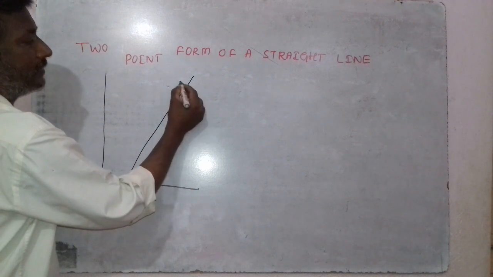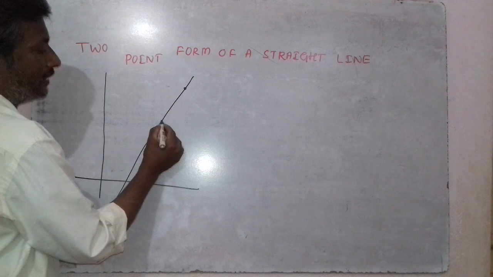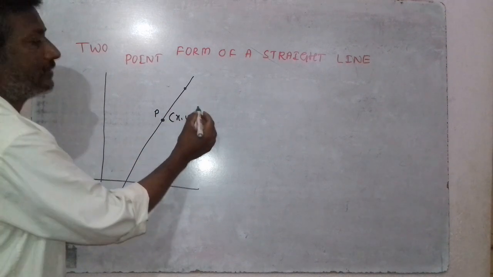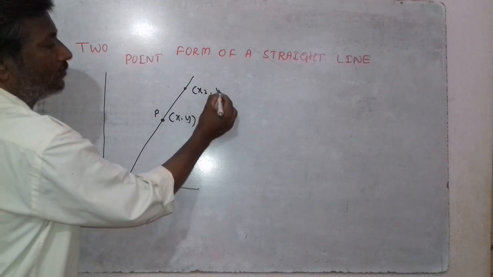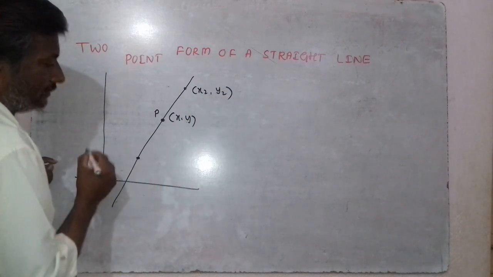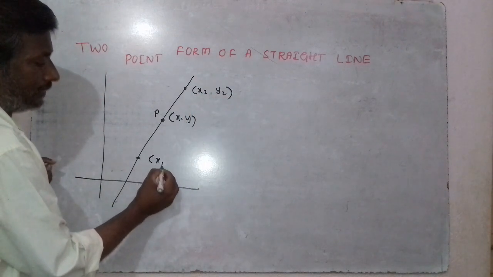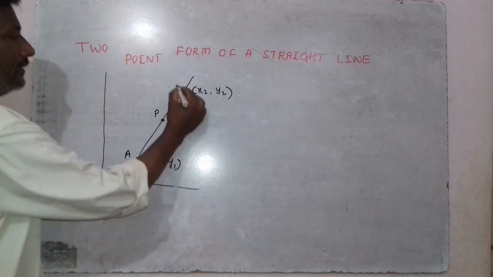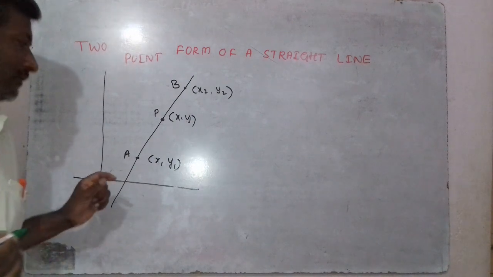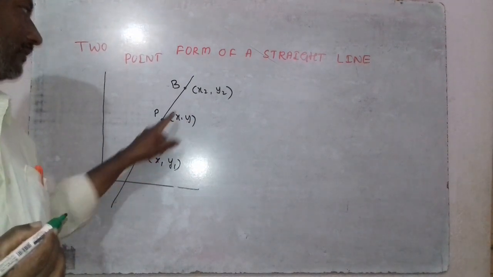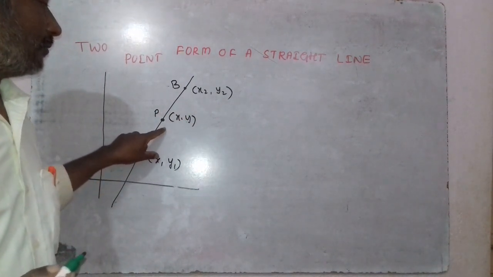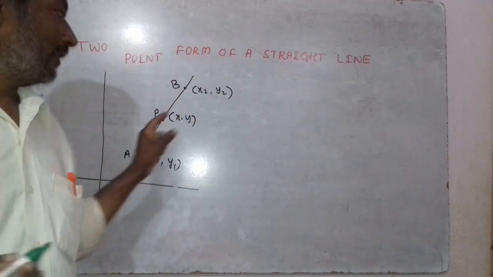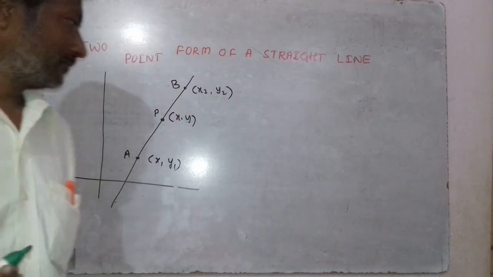This is the general point P (x, y). This one is a given point (x2, y2). This one is the given point (x1, y1). Let us call this point A and this point B. (x, y) is any general point on the straight line.